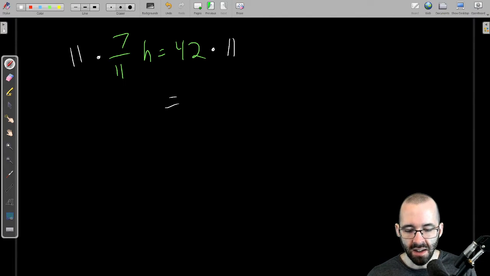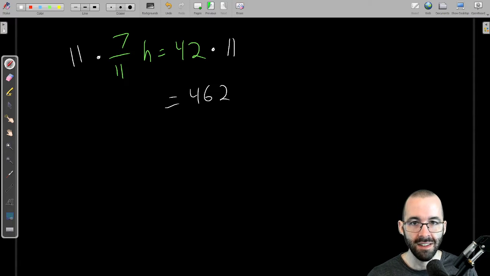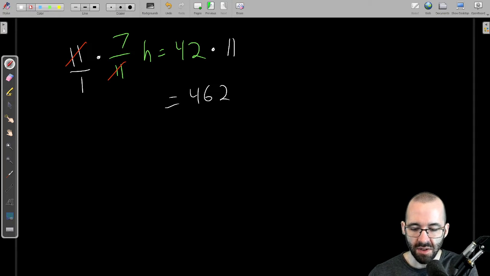Now on the right-hand side, we get 462, maybe. And the left-hand side, that one's easier. Multiplying a fraction by 11, 11's the same as 11 divided by 1. Then we can cancel because we're multiplying. 7 times 11 divided by 11 is just 7.